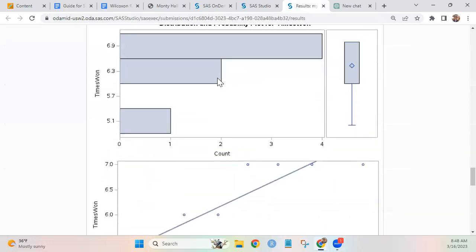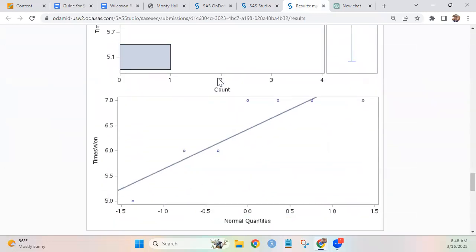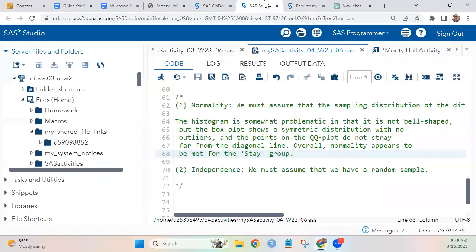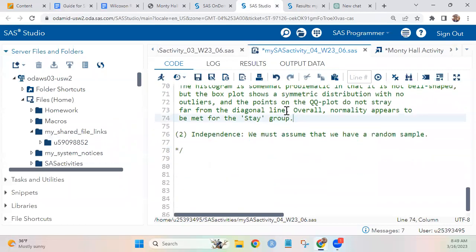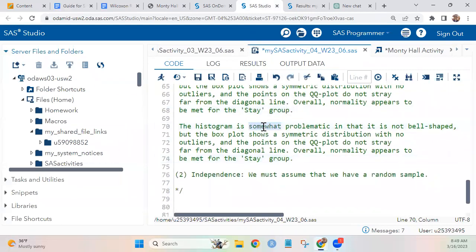Okay. So overall, not great. It's problematic to say the least. So let's copy this. Histogram is problematic.